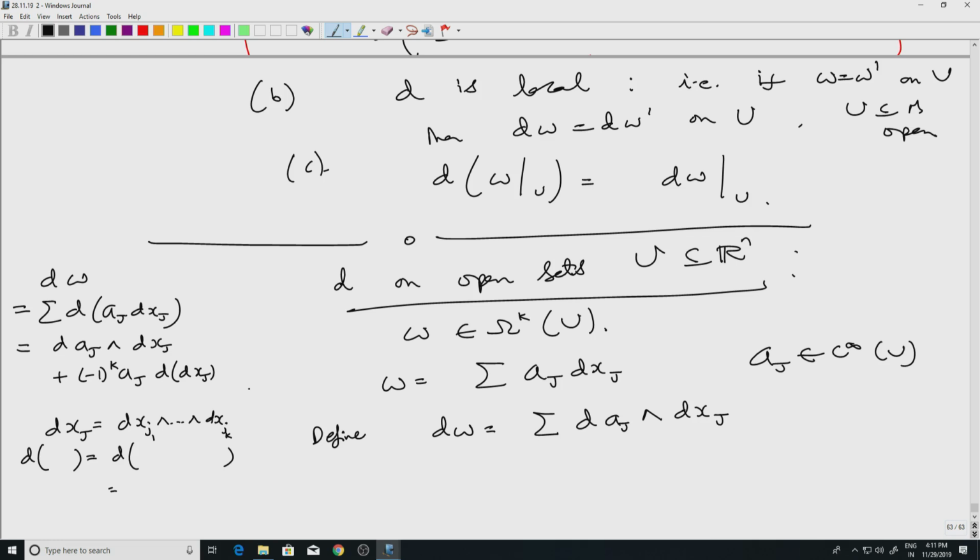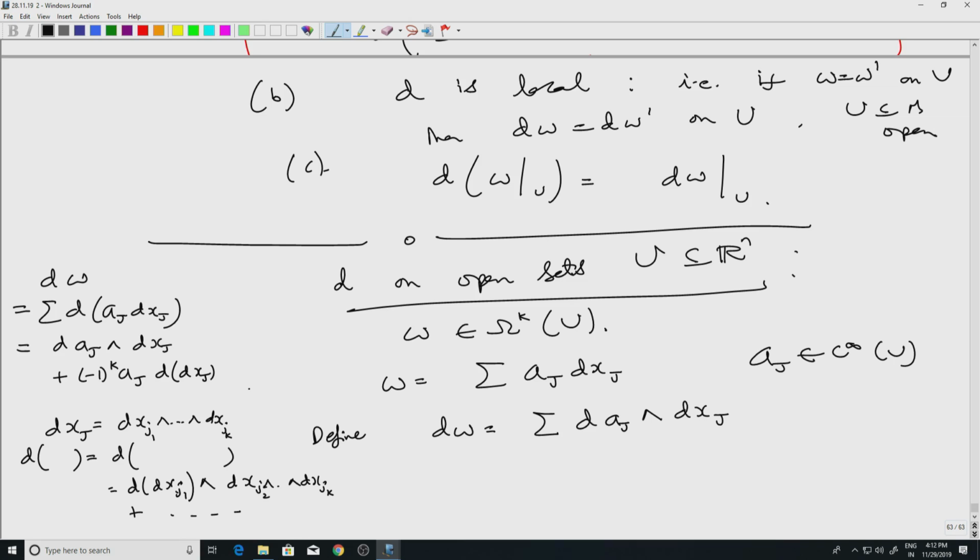So I'll get exactly k terms if I apply the Leibniz rule. But in each term, for example, the first term would be d of dx j1 wedge the remaining terms, which would remain the same, dx jk, plus dot dot dot. You'll get signs also, and in each term you will be doing d of some dx index.